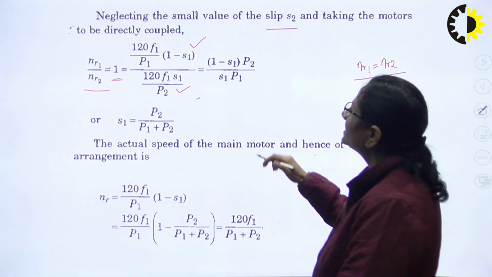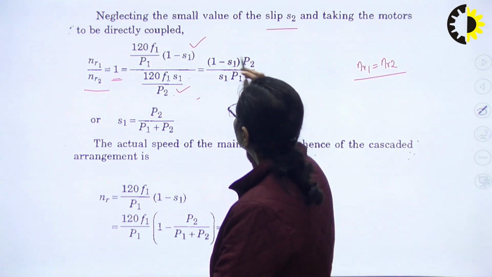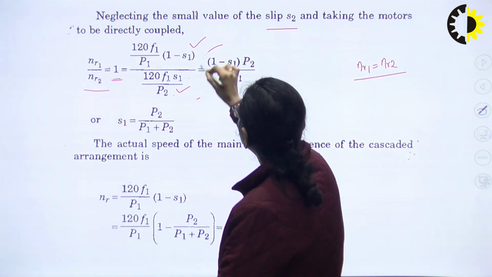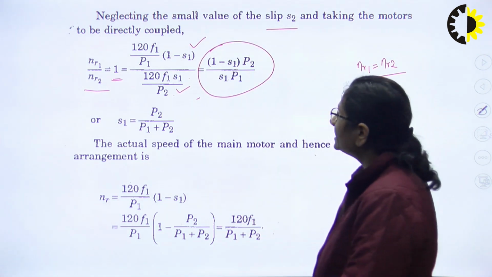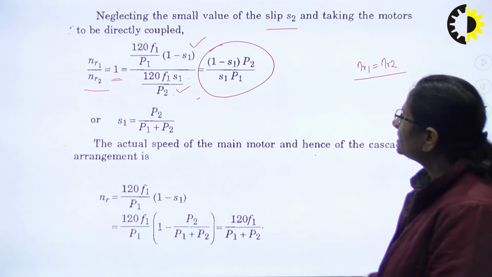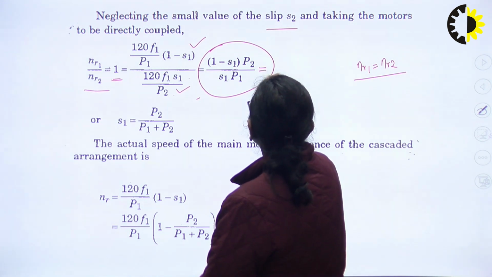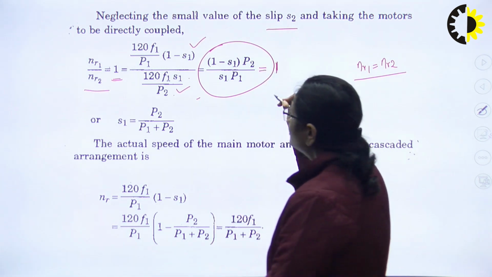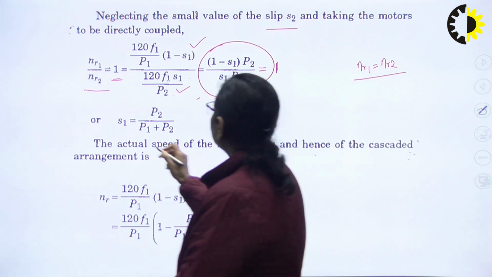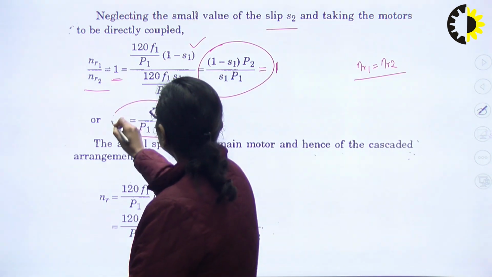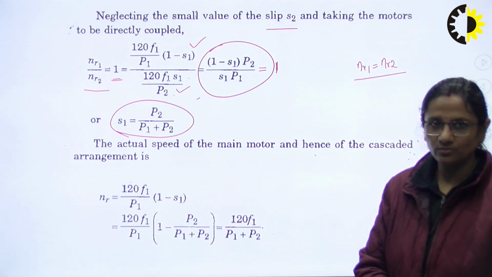So, what I can write over here is 120 F1 S1 upon P2. It comes out to be equal to (1 minus S1) P2 upon S1 P1. Now, simplifying this equation, as I know (1 minus S1) P2 upon S1 P1 is equal to unity. Solving this equation to get the operating slip S1, I can very well write S1 to be equal to P2 upon P1 plus P2, right?